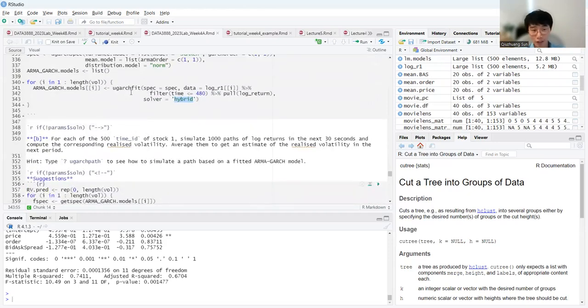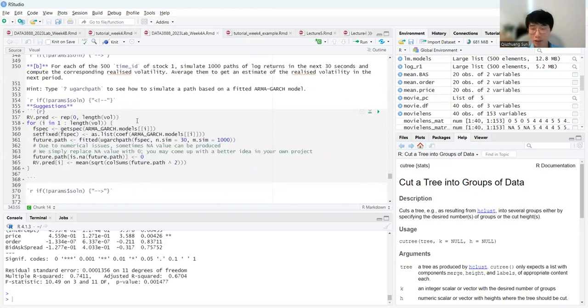Then, after fitting the data, how can we indirectly predict the realized volatility? The strategy is that I have captured the dynamics of the time series of the log returns.